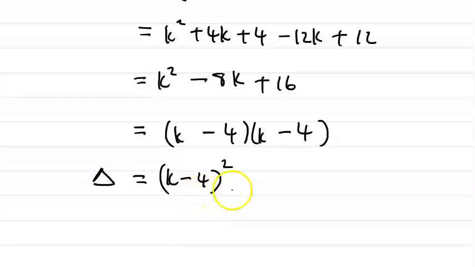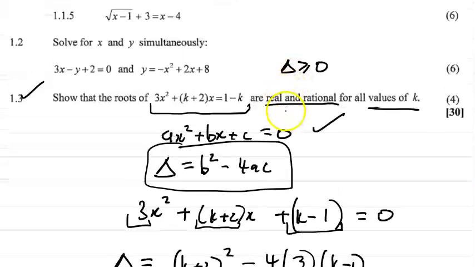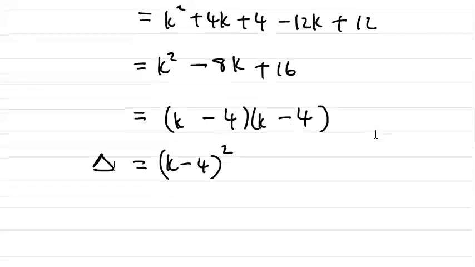So therefore, delta is a perfect square. And if delta is a perfect square, (k minus 4) all squared, what does this mean? It means that our roots are going to be real and rational for all values of k. Because remember that for real roots, delta must be greater than or equal to 0. And for rational roots, because it's a perfect square, it will always be rational.